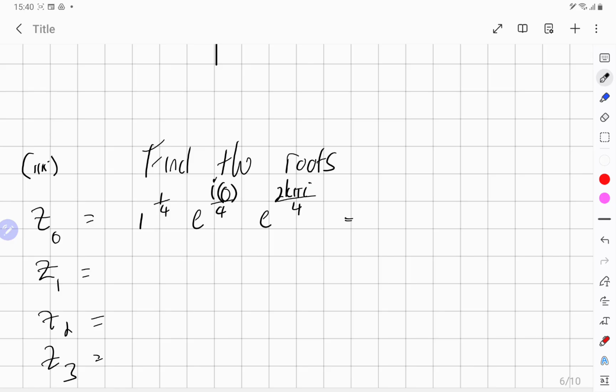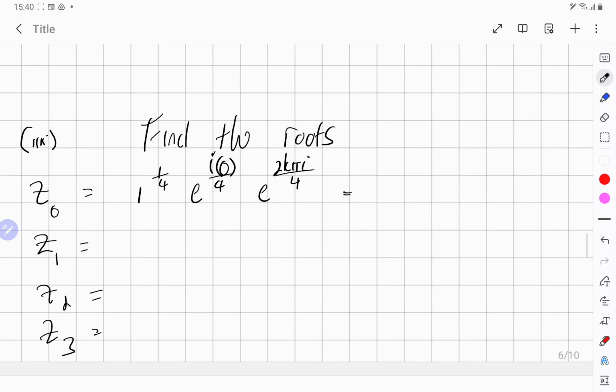So what do I get? 1 to the power of anything is 1. Also a common pitfall from students, they don't know something as easy as that. e to the 0 is 1, so I just have k pi i over 2, but k is 0, so I just get 1. My first root is 1.